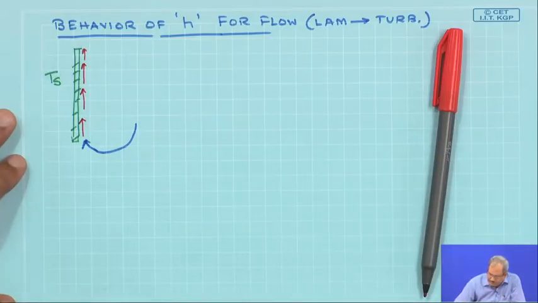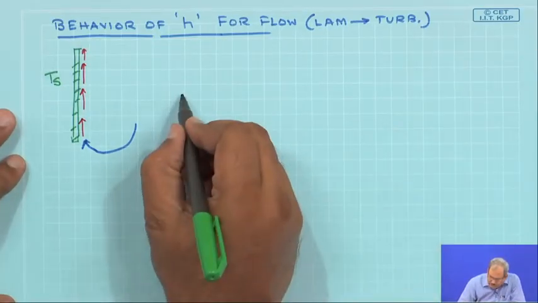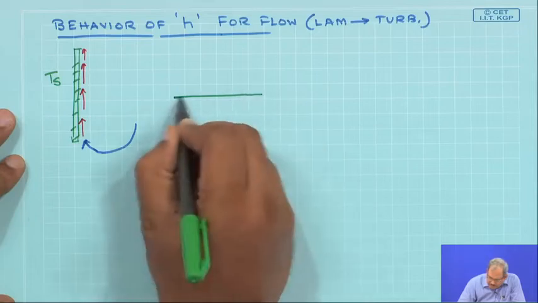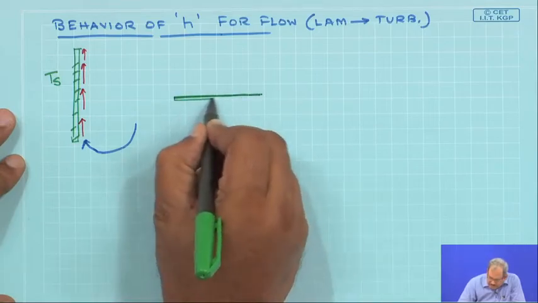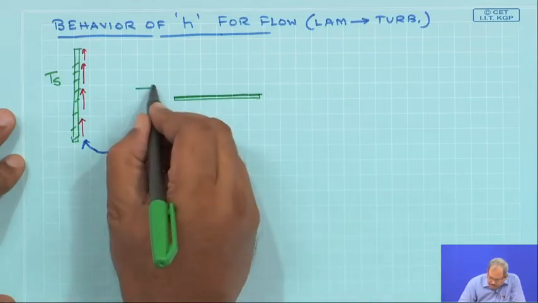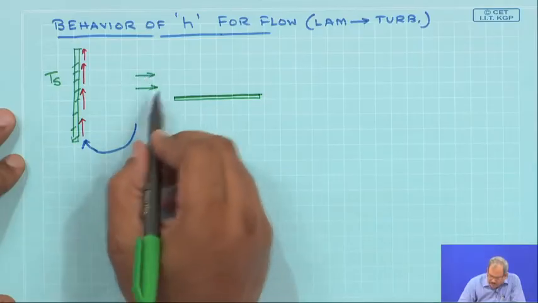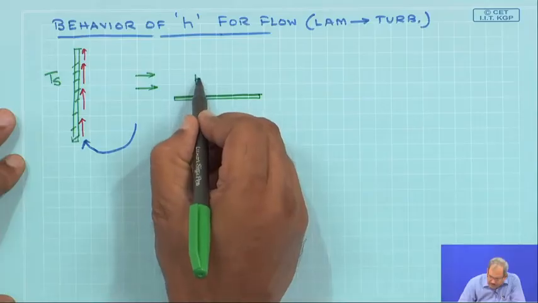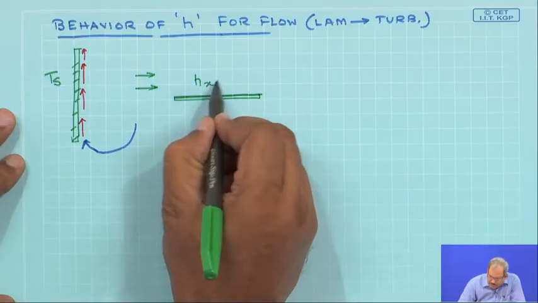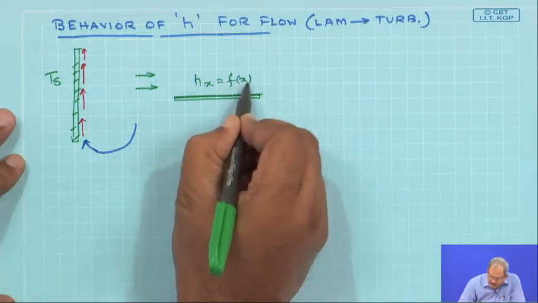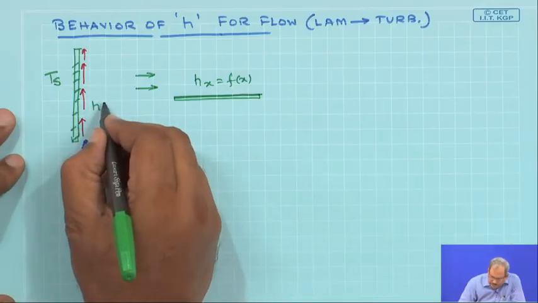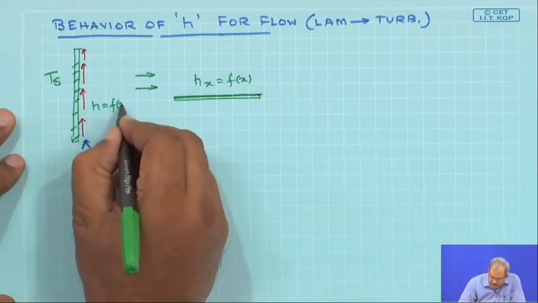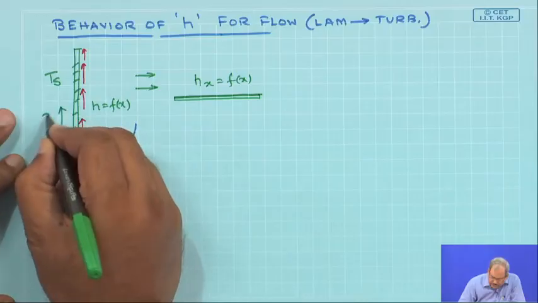The same situation you would see if you have just a flat plate and you have flow of air over it, and you are trying to find out how h varies as a function of x, where this direction is x.